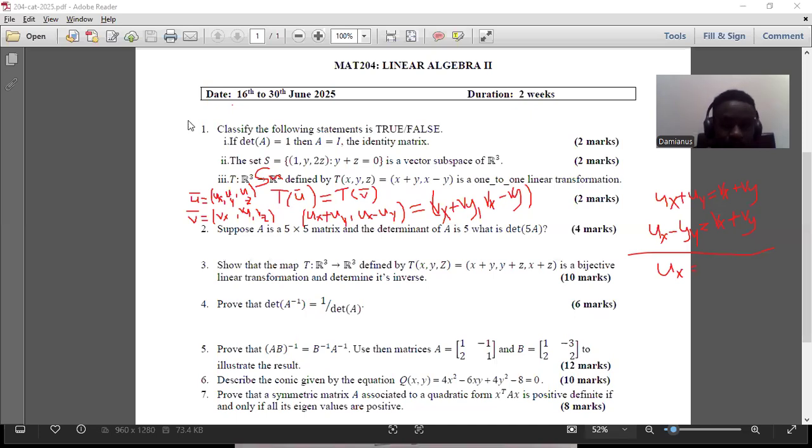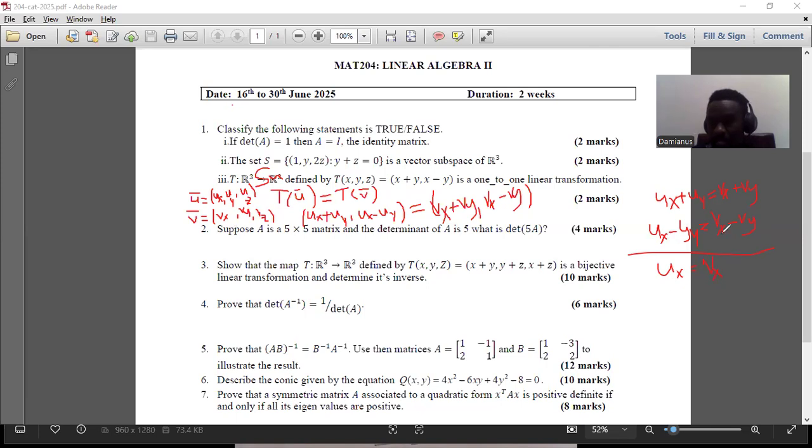So this one here is supposed to be, remember, ux minus uy must be equal to vx minus vy. Okay, so on the left-hand side we added, this disappears. You have ux equals vx plus vy plus vx minus vy. So you end up with ux equals vx, which is good.